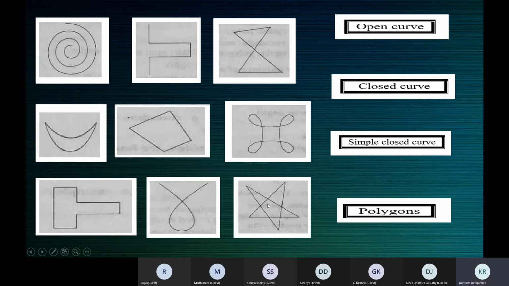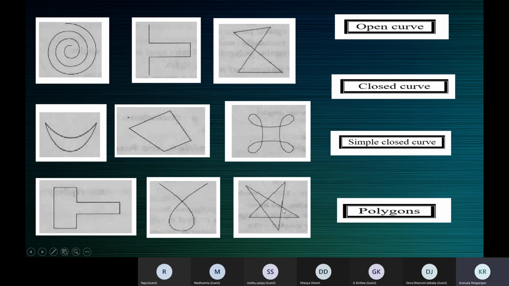Then this one, can this be drawn without lifting the pencil? No, ma'am. So let me just try. See here. Just watch carefully. Like this.